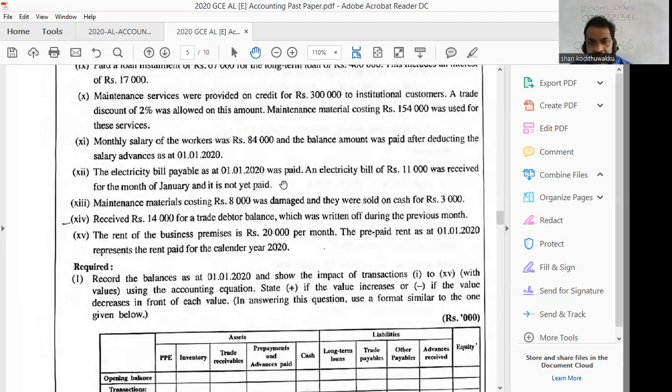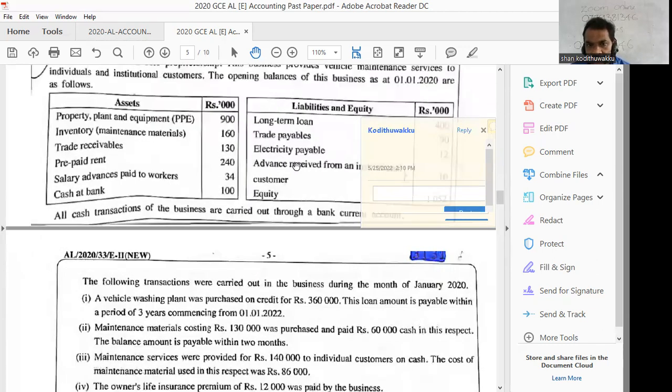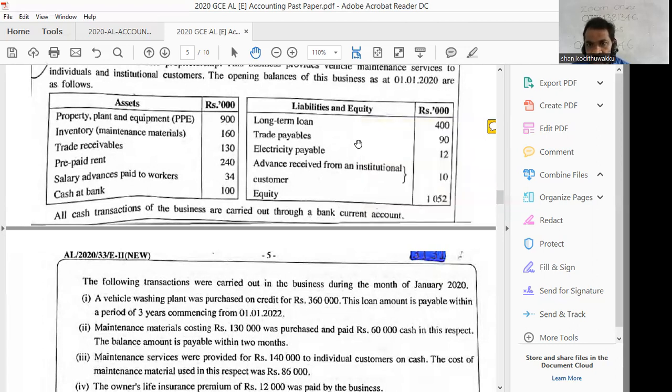Therefore, as they have mentioned, they have paid what was payable, that is for last December. They have given the opening balance, electricity payable, 12,000. That is regarding last month.